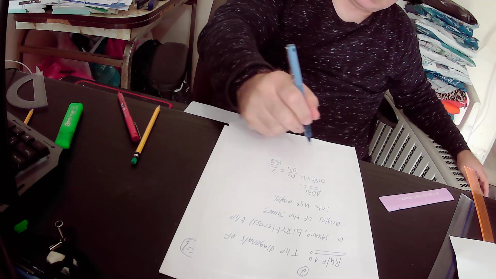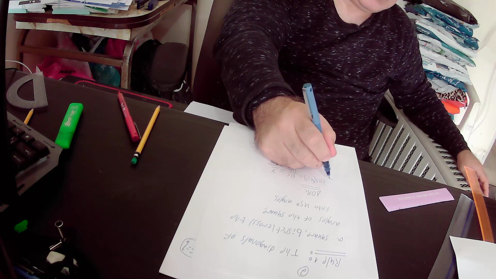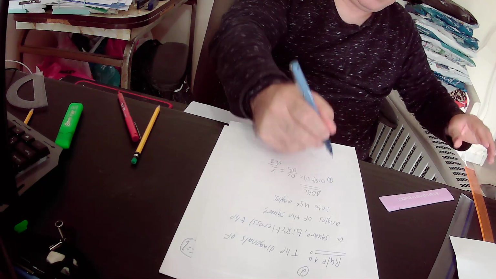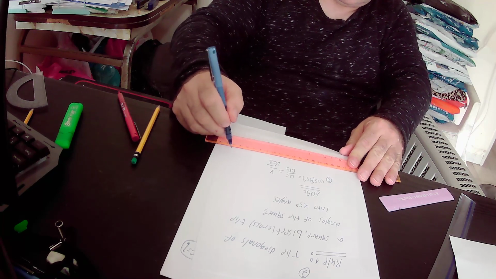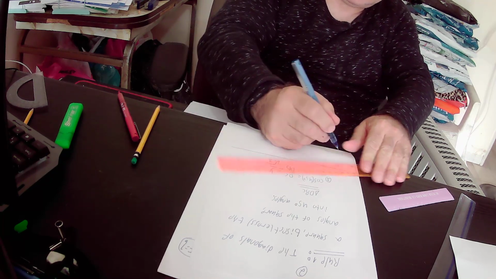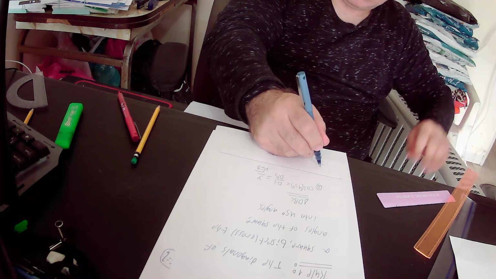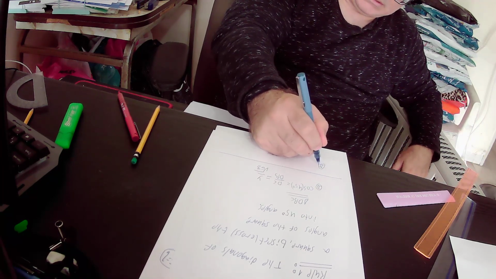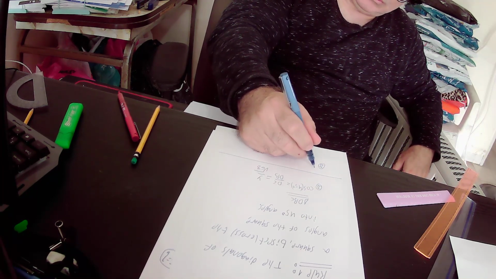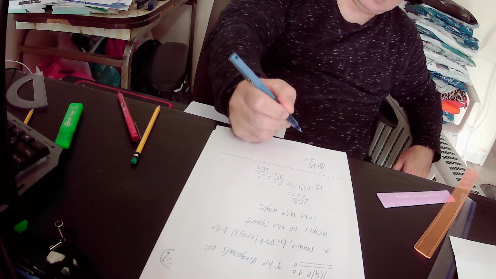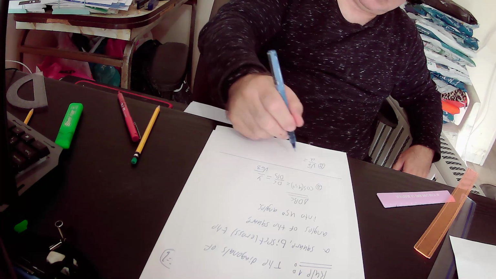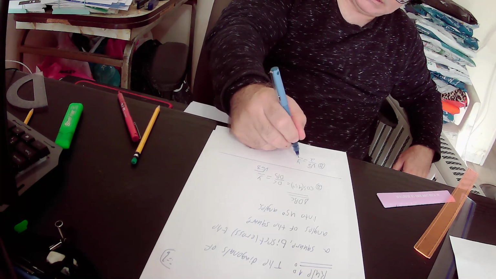So in total we got that cosinus 45 degrees equals y over square root of 68. We also know that cosinus 45 degrees equals the square root of 2 over 2, and it equals y over square root of 68.